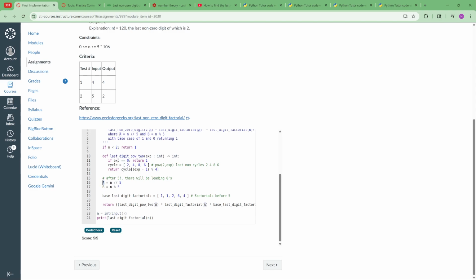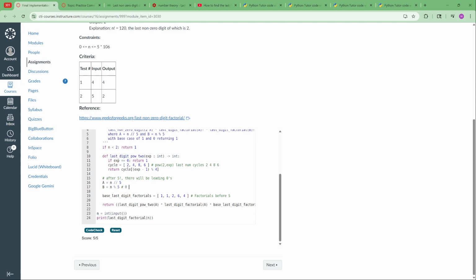After that, we calculate a. A is the integer division of n by 5. The a will be what is passed recursively. And a neat little trick about b is, since it's modulo 5, we could just create a list of the 5 elements that it may be, because it's going to be 0 to 4.